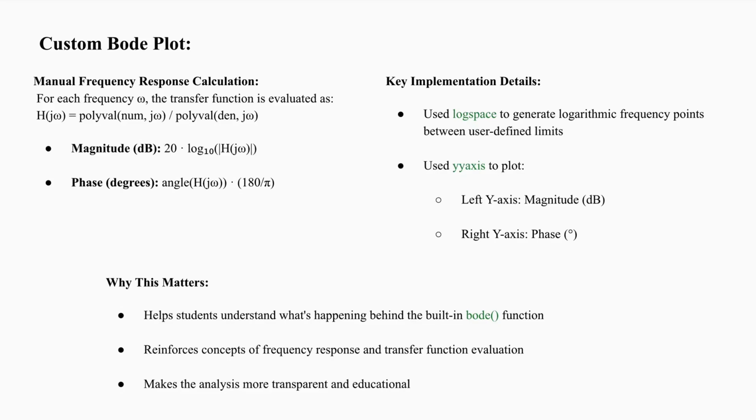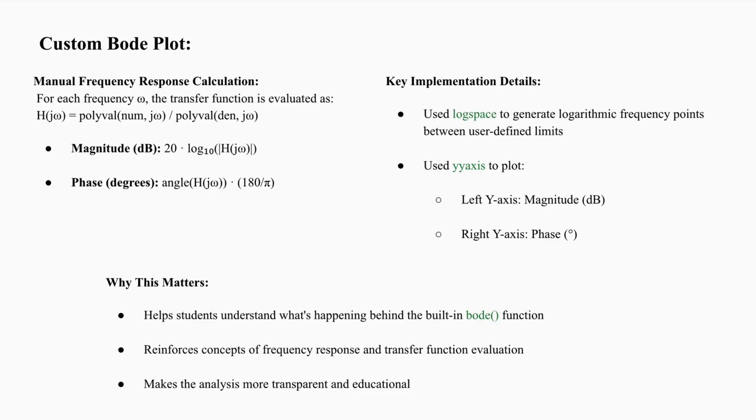So creating this custom bode plot, we're going to have the magnitude and the phase, and the magnitude is going to be in decibels. For each of the frequencies, it's evaluated as H of j omega, evaluating the polynomial of the numerator in j omega. Each iteration will run through a loop, and the phase in degrees is multiplied by 180 over pi.